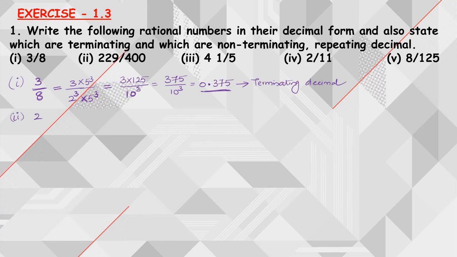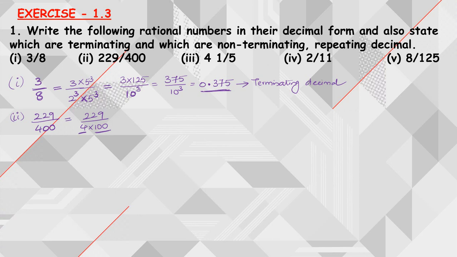If you observe question number 2, it is 229 by 400. So how can I write this? This is 229 divided by 400. This 400 I can write as 4 into 100. Already we are having 100 here.